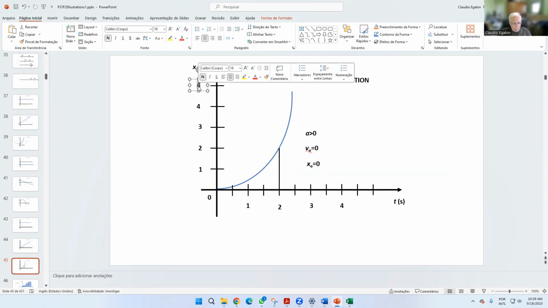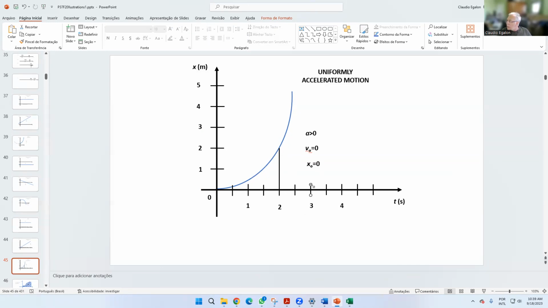Five, right in here. 3, let's see, 3 seconds, vertical.